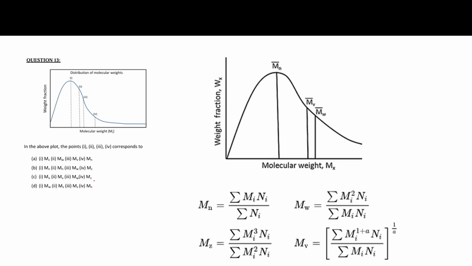When we discuss polymer molecular weight, we talk about the average molecular weight, because when you talk about a polymer, we are not talking about a single molecule or single polymer chain. Multiple polymer chains are present, and it's not possible that every chain has a similar chain length.